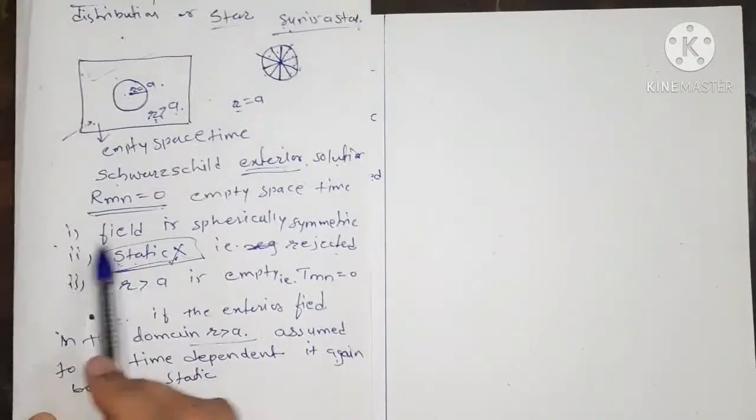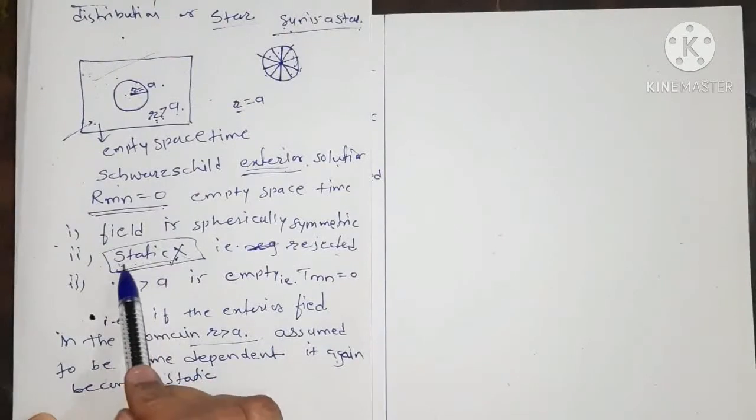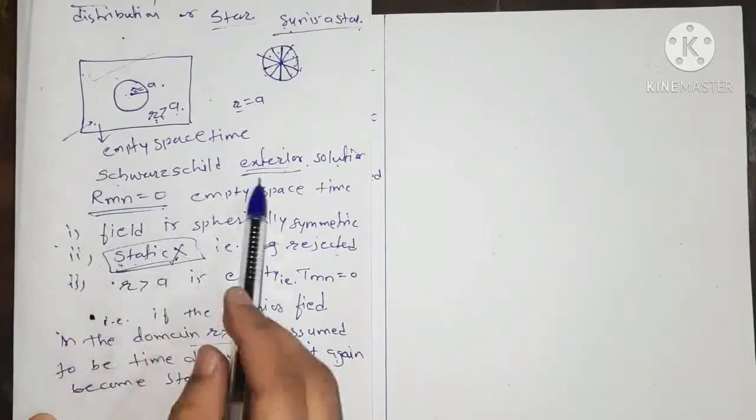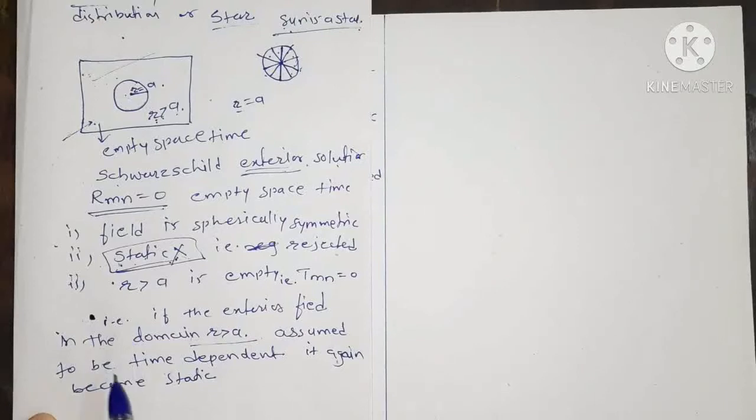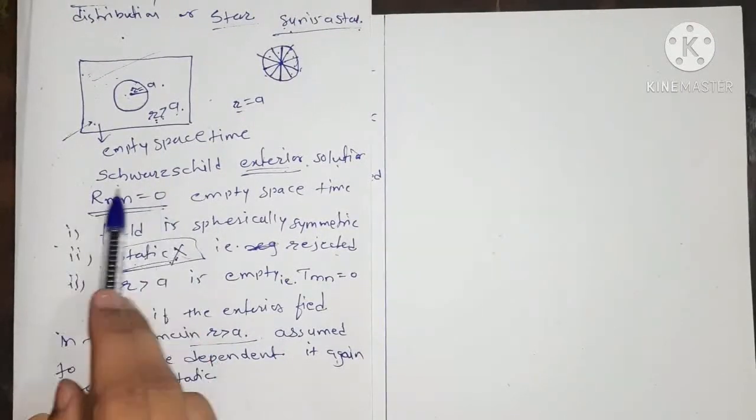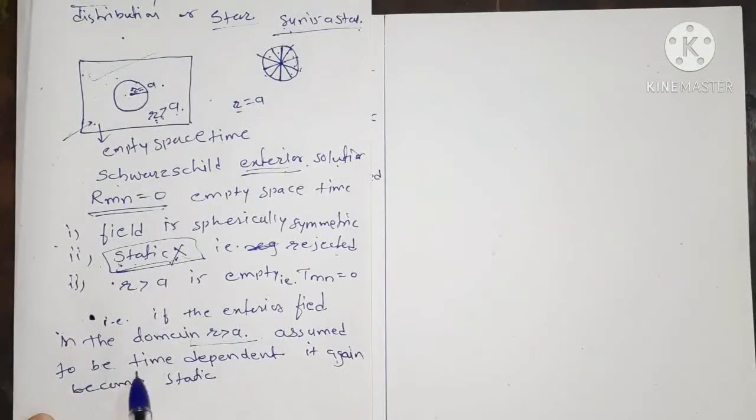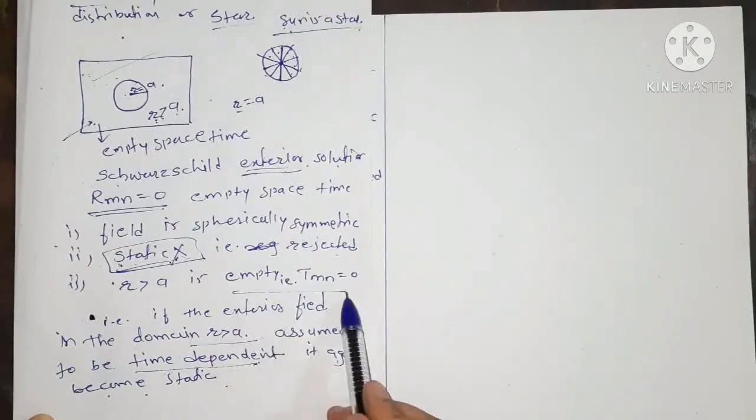What this means is that if we reject the second assumption, static, of the Schwarzschild exterior solution, and assume that the space-time is time dependent, then we again get a static empty space-time.